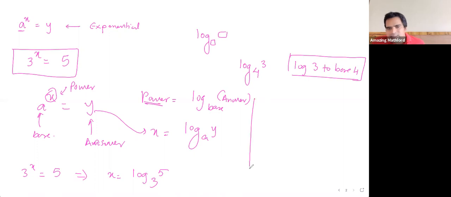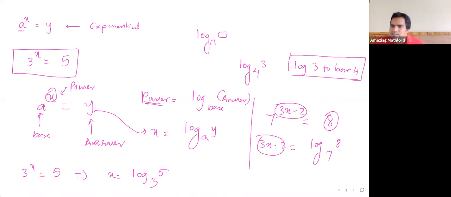If I had, let's say, an exponential relation like 7 to the power 3x minus 2 equals 8, and I wanted to convert this into a log relation, 3x minus 2 can be written as log of 8 to the base 7. Remember that this is the power equals log of answer to the same base.